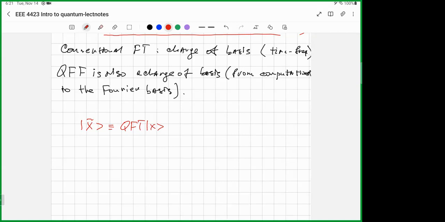State x, again, in this case denotes the computational state.